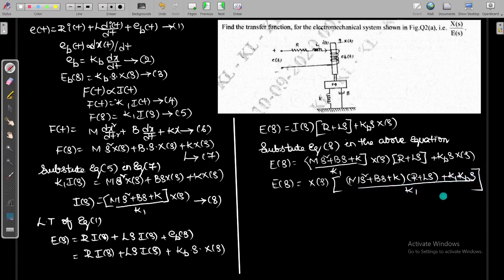Now I want the ratio X(s) divided by E(s). That is k1 divided by (ms squared plus bs plus k)(R plus Ls) plus k1 Kb s. This is the transfer function. Like this you can do this problem.